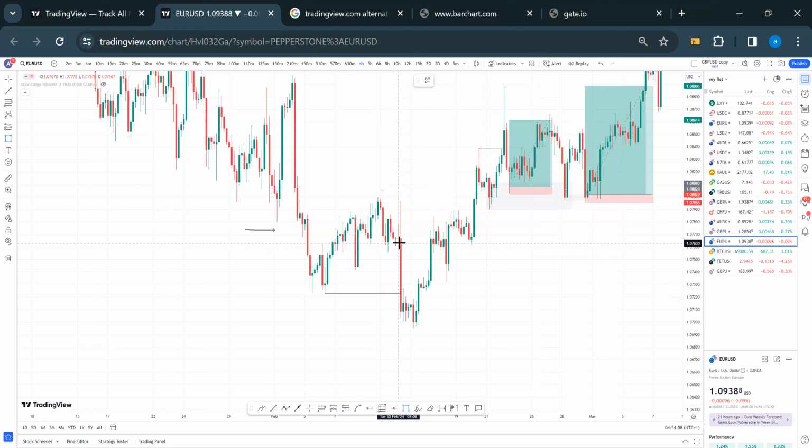We can work with this demand zone right here. And we can also work with this. We can also work with something like this. All right, so it depends on the one we want to work with. Let me use this one.